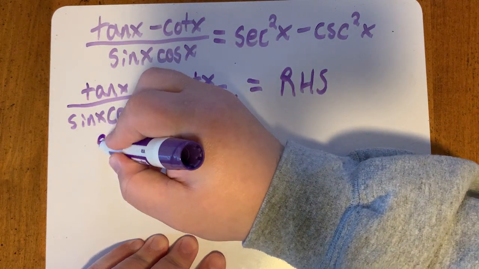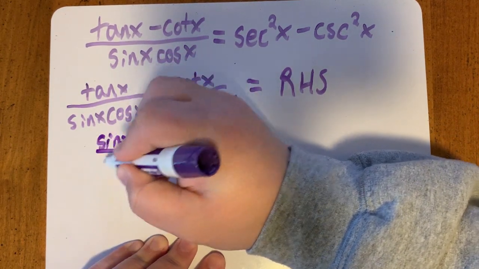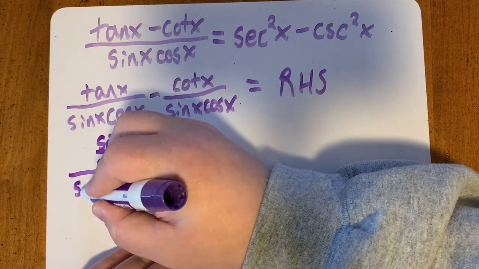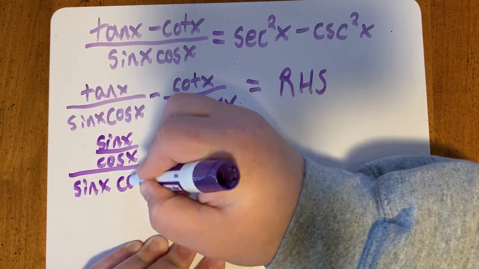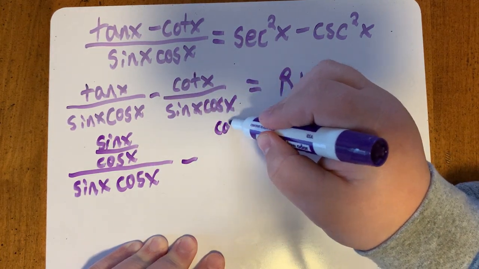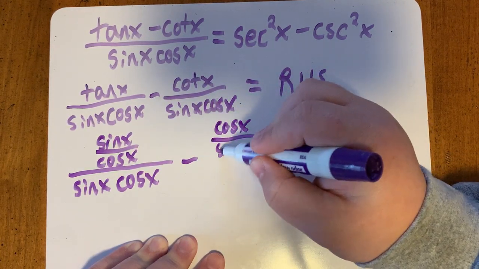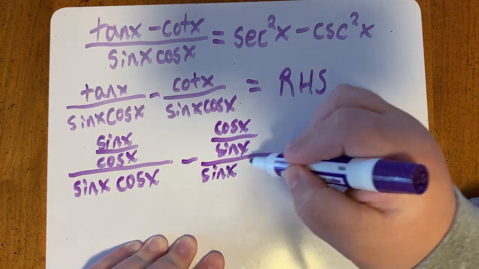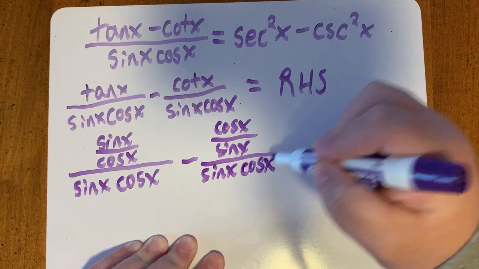So tangent is sine of x over cosine of x divided by sine of x times cosine of x. And cotangent is cosine of x over sine of x divided by sine of x cosine of x.